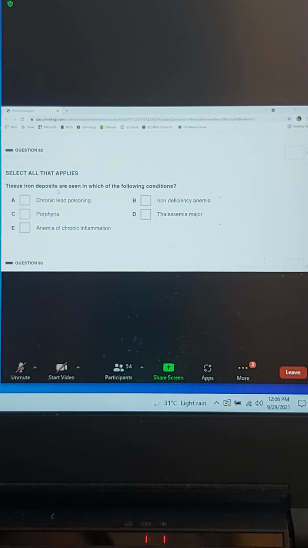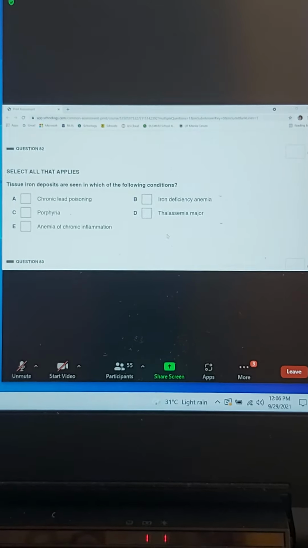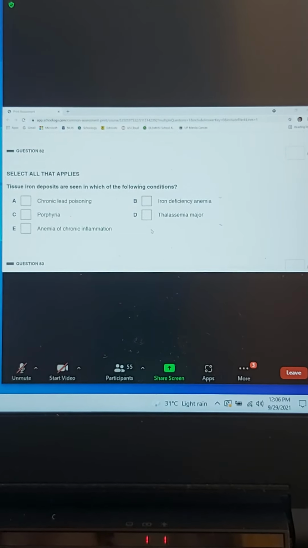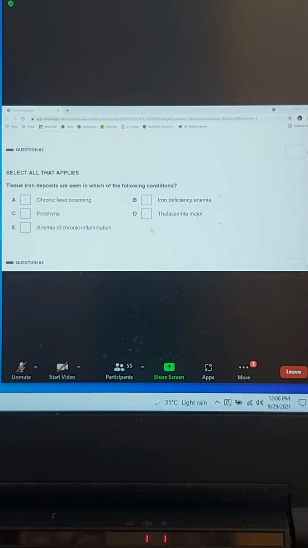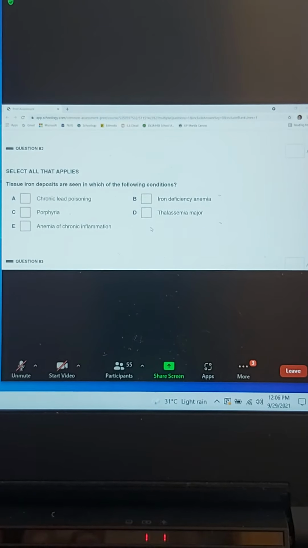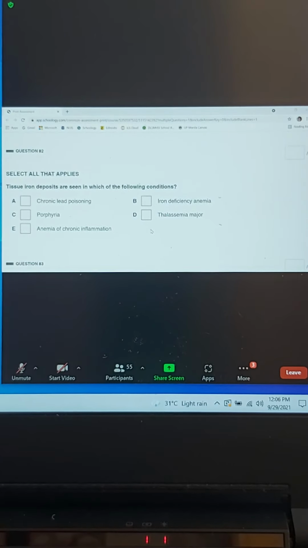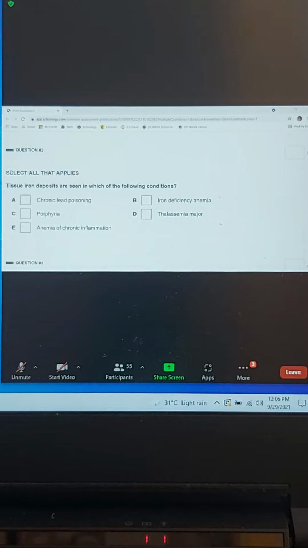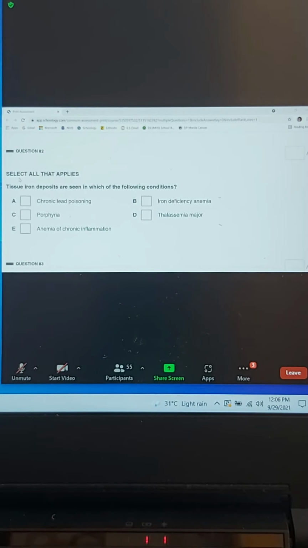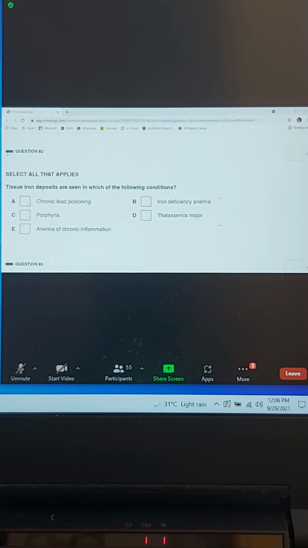82. Tissue iron deposits are seen in which of the following conditions? A, C, and D. So letter A, C, and D. Chronic lead poisoning, porphyria, and thalassemia major.